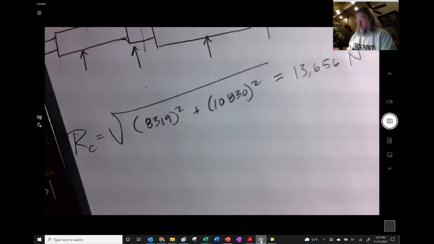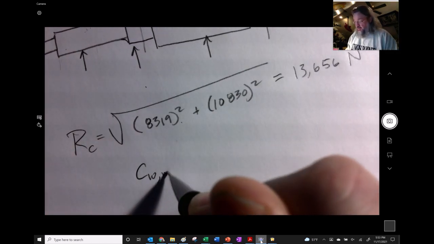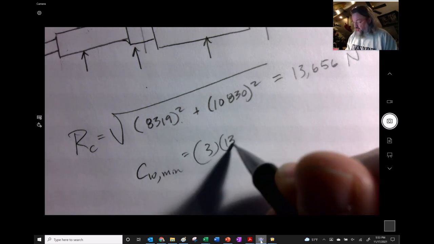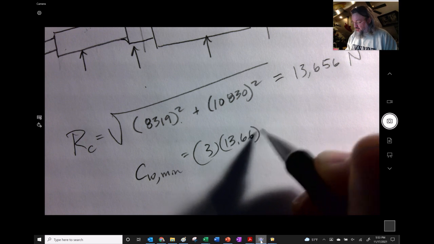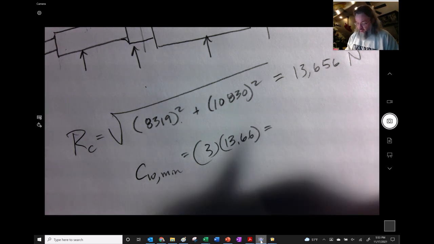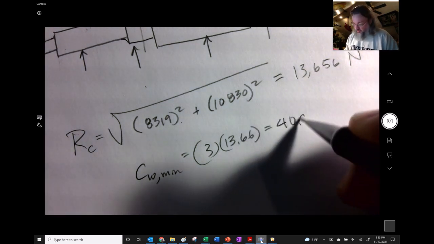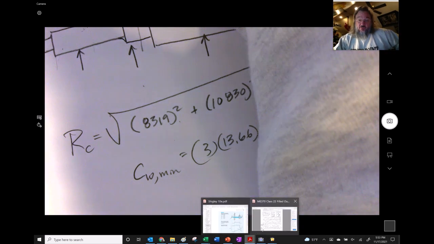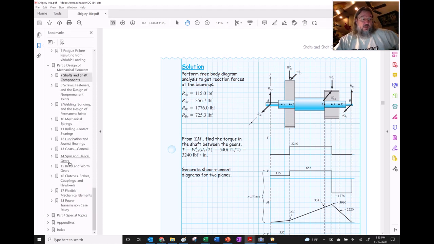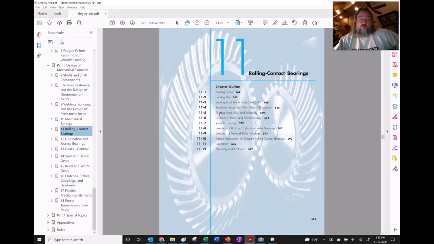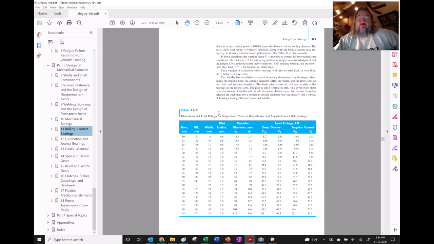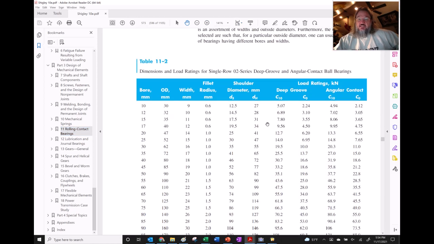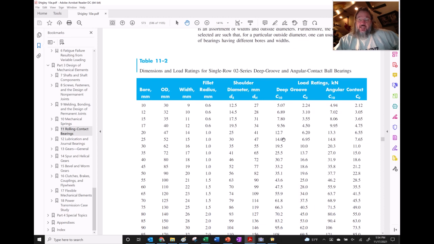And therefore, C_T min, I said was to take 3 times it. We're going to use kilonewtons, so I'll take it as 13.66. So 3 times that. So we're going to have 40.97 kilonewtons is what we need to find. So I want to look up in Shigley under Chapter 11, table 11.2, and I said to use a deep groove and C10.